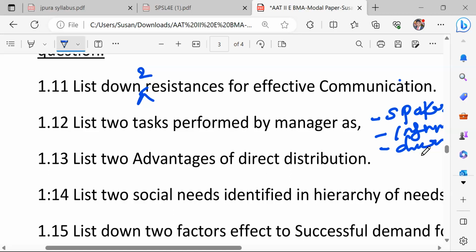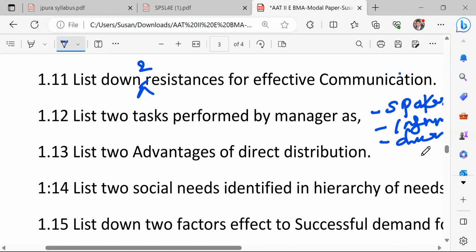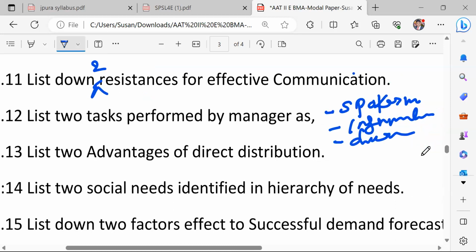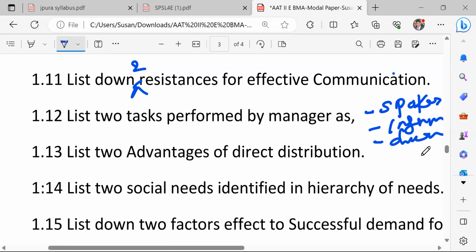1.14, 2 social needs identified in the hierarchy of needs. The hierarchy of needs says there are different levels of needs: physiological needs, esteem needs, and so on. Social needs, what are they?